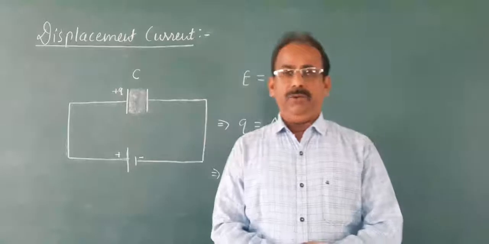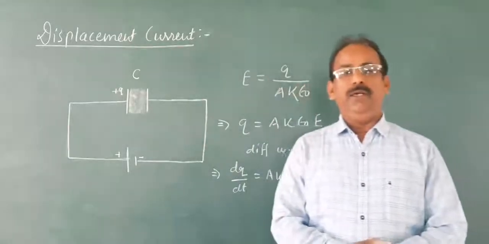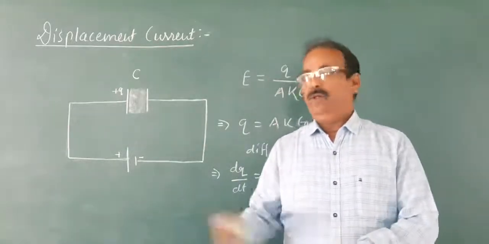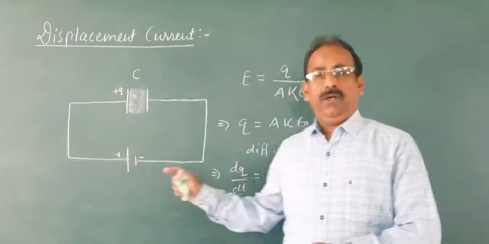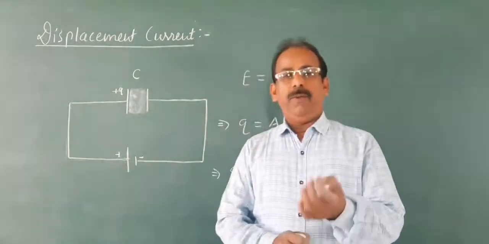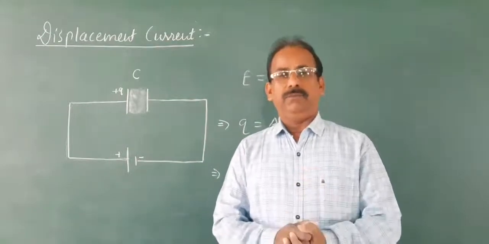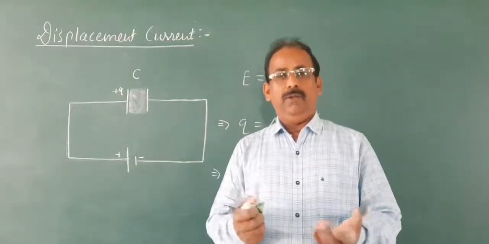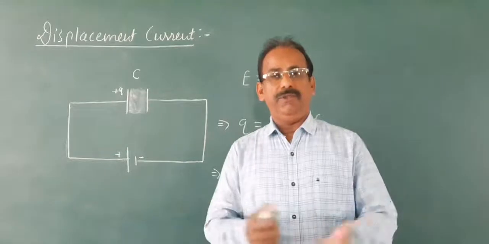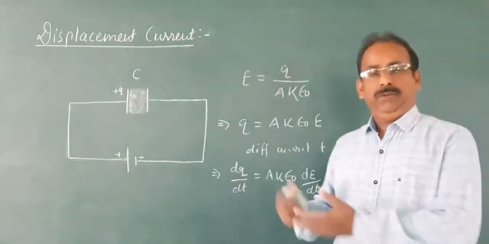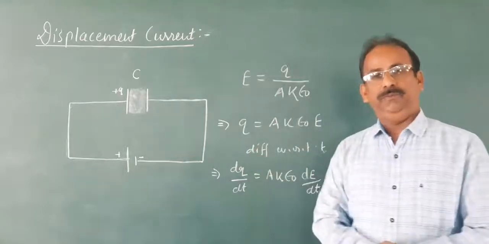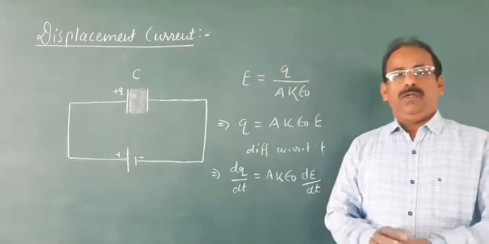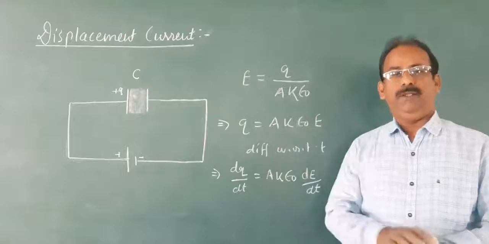The electric field that is produced in this dielectric medium varies with respect to time. On the rate at which this electric field changes, this displacement current depends. This is all about displacement current.